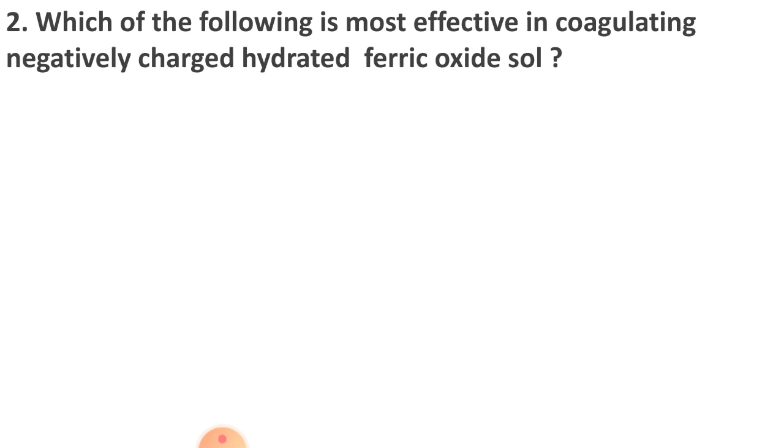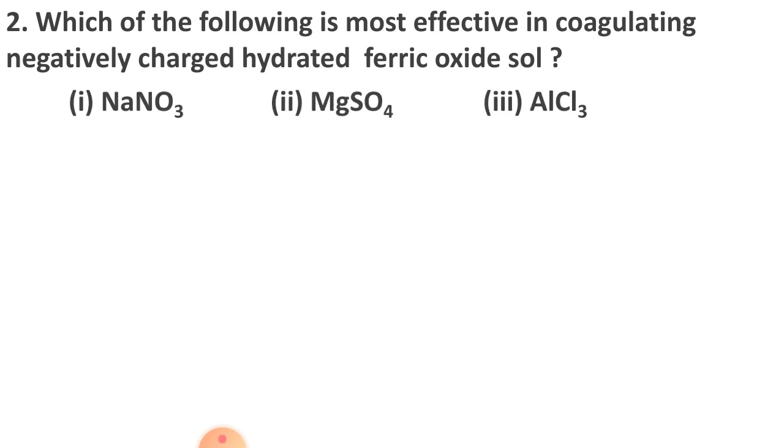Then question number 2: which of the following is most effective in coagulating negatively charged hydrated ferric oxide? As I told you, for a negatively charged ferric oxide sol, the more the positive charge on the cations, the more will be the power of coagulation. Three options are given: NaNO3, MgSO4 and AlCl3.